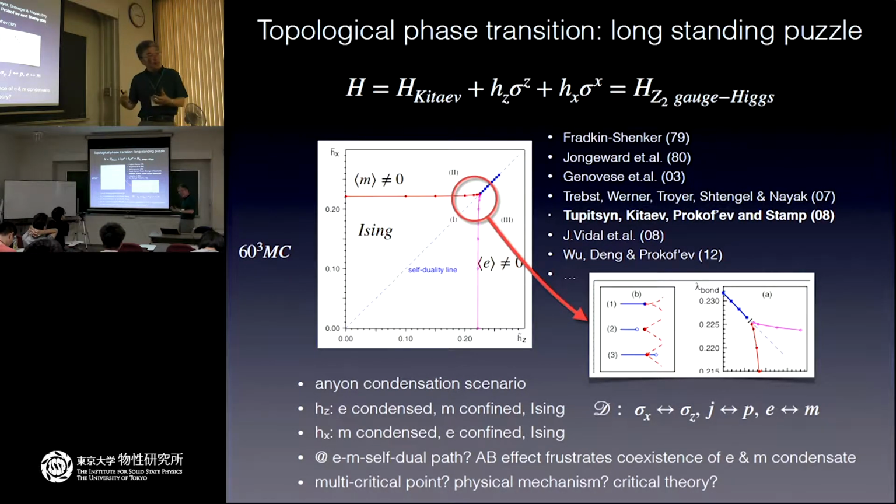So they cannot form a condensing state. So the physical mechanism of the phase transition around this point is not quite clear, and it is also a long-standing puzzle in this field.